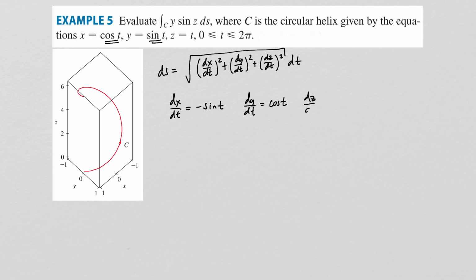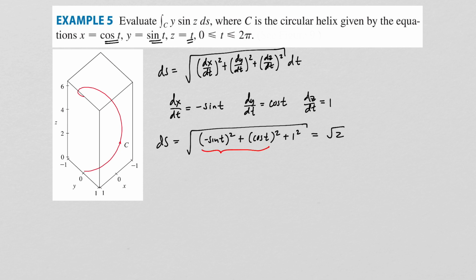And dz dt is the derivative of t, which is 1. And so ds is going to be the square root of negative sine of t, quantity squared, plus cosine of t, quantity squared, plus 1 squared. But this is the square root of 2, right? Because this is sine squared plus cosine squared, which is 1, and 1 plus 1 is 2. So we have radical 2 dt.